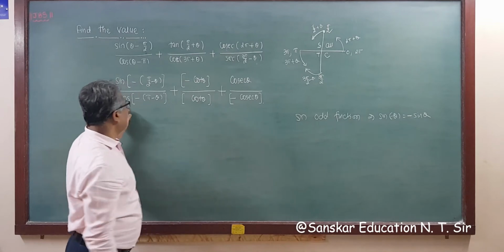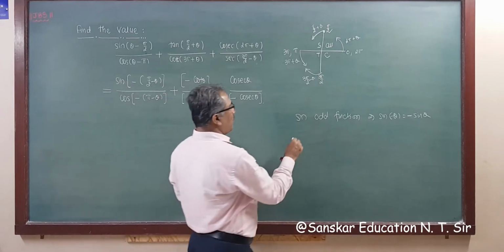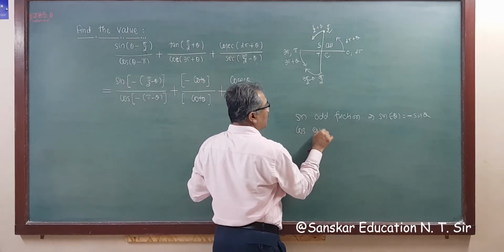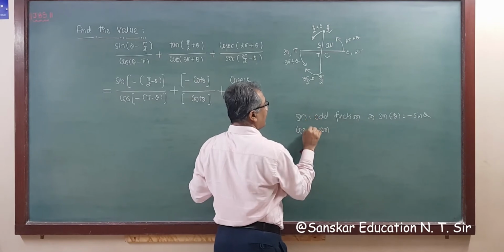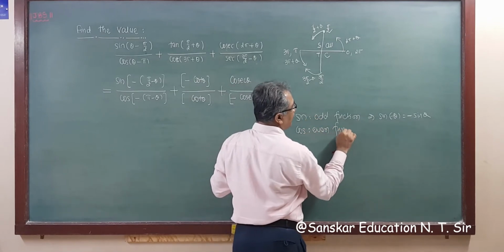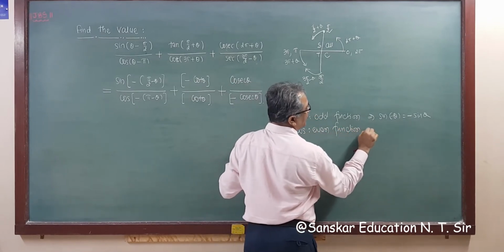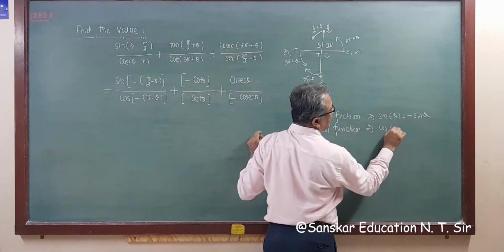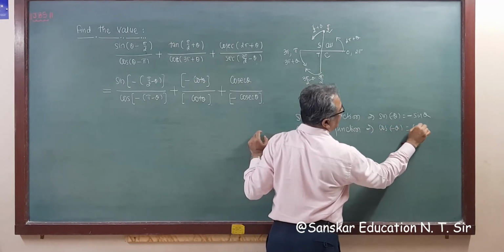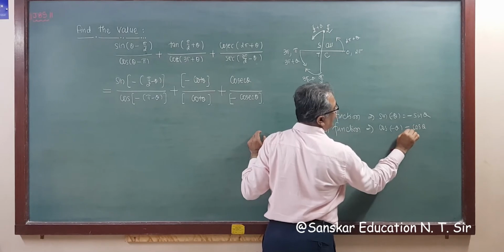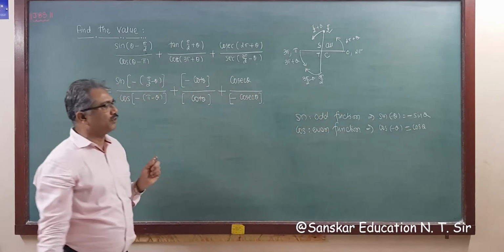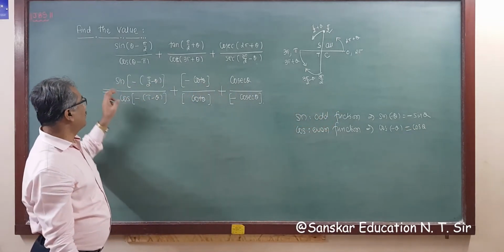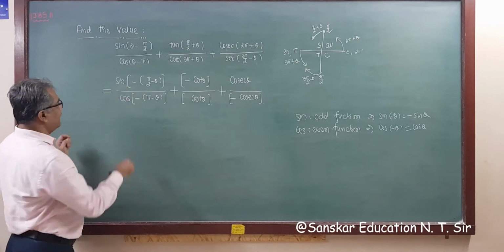And cos is an even function, so cos minus theta is equal to cos theta.